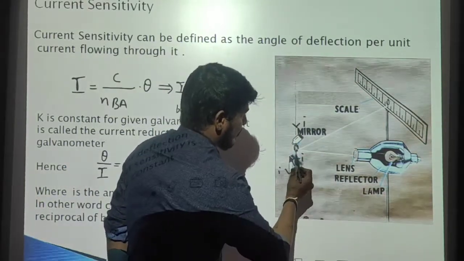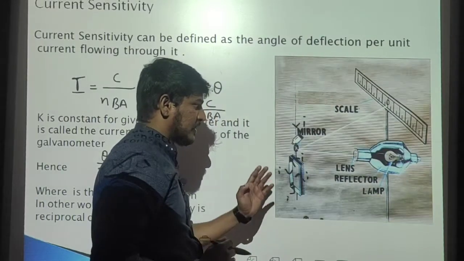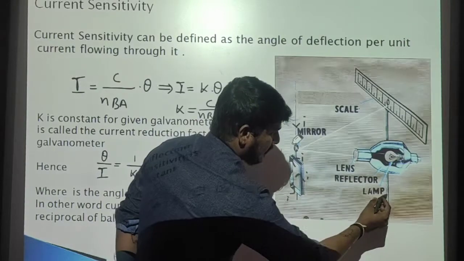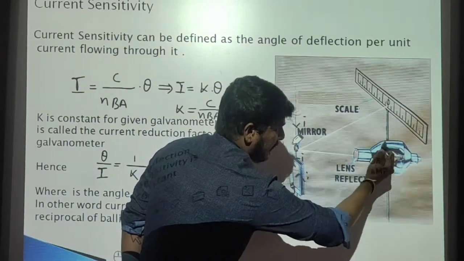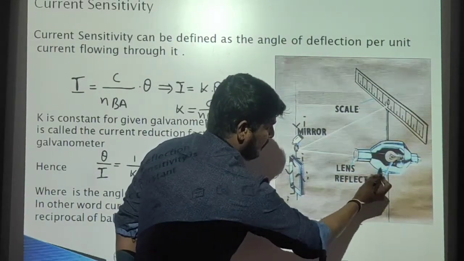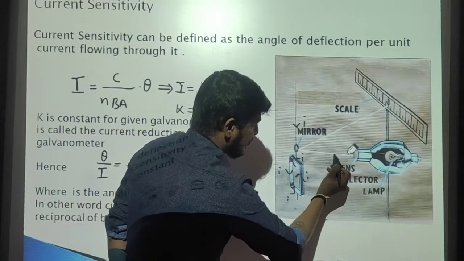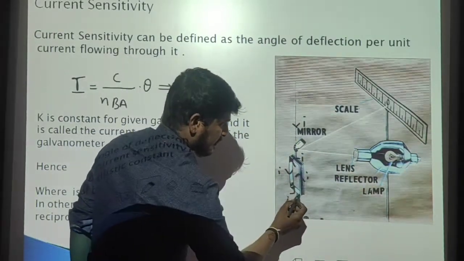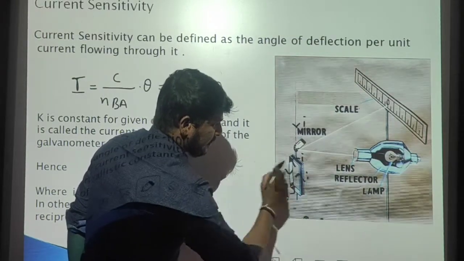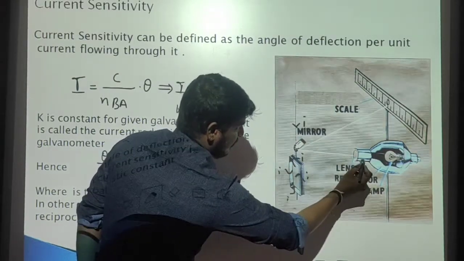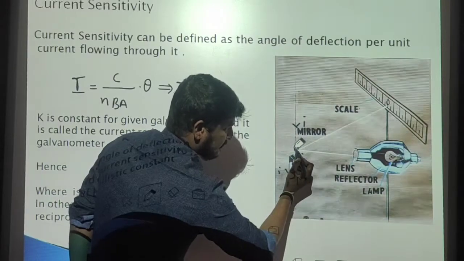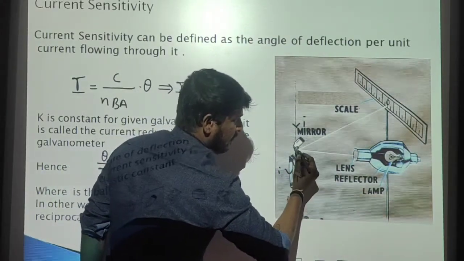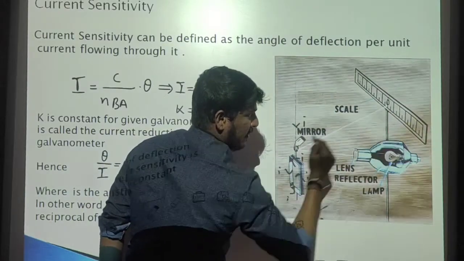A lamp is attached to this scale, and light from this lamp is incident on the mirror.